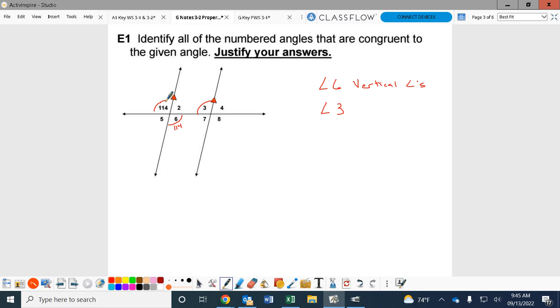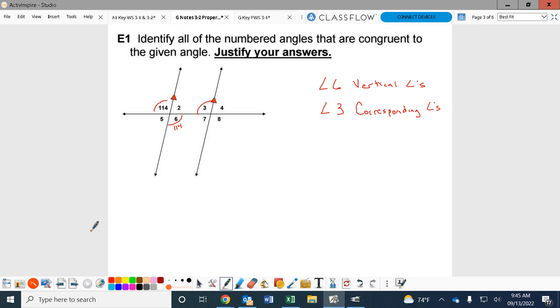These two angles are on the same side of the transversal. One's on the outside, one's on the inside. We only have one type, guys, that has one on the inside, one on the outside. What is it? Corresponding. These are congruent because they are corresponding angles.